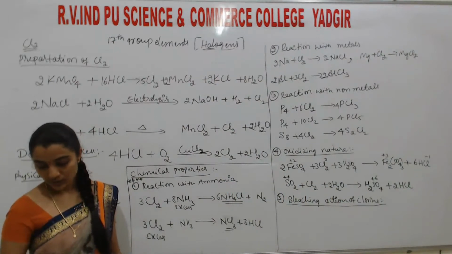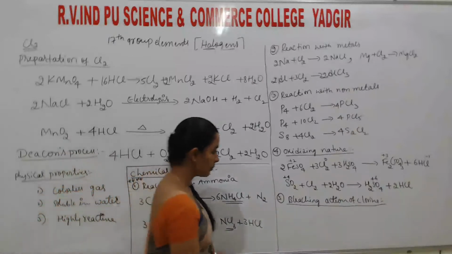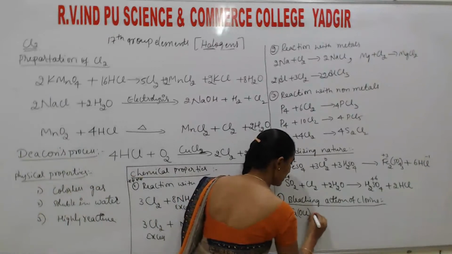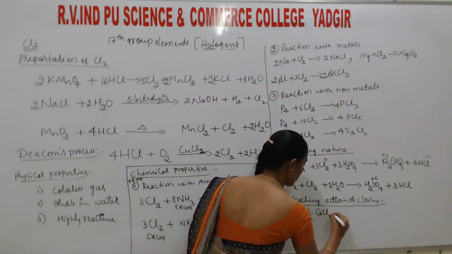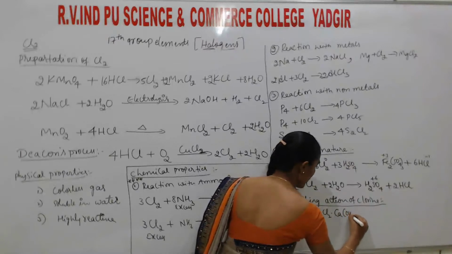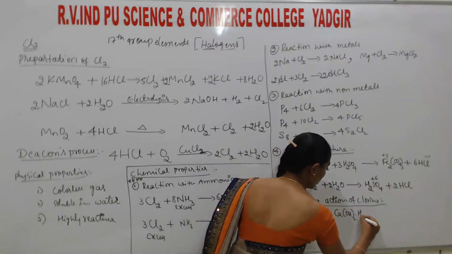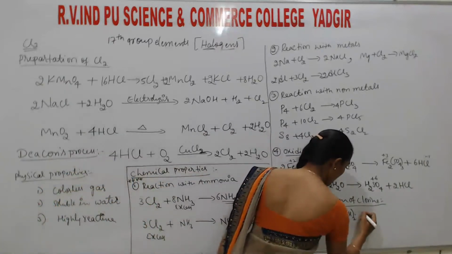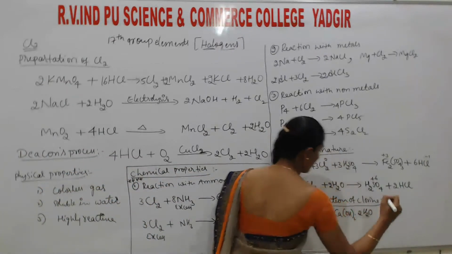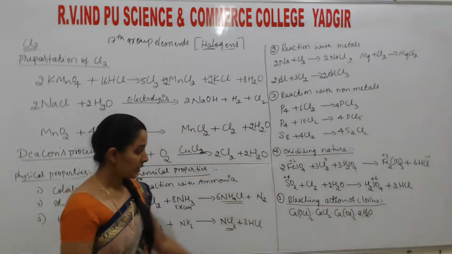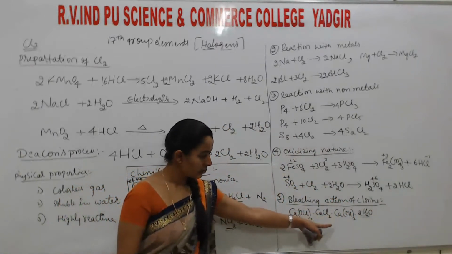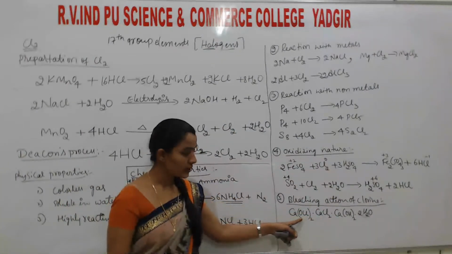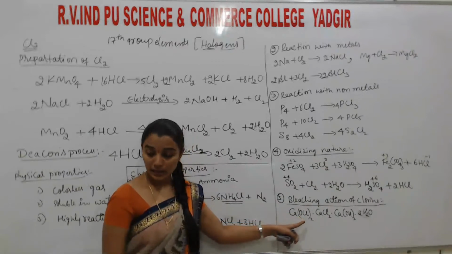How the bleaching action takes place, you know, the composition of bleaching powder is CaOCl2, CaCl2, Ca(OH)2, 2H2O. This is the composition of bleaching powder. So students here, upon oxidation, this gives Cl2 gas.